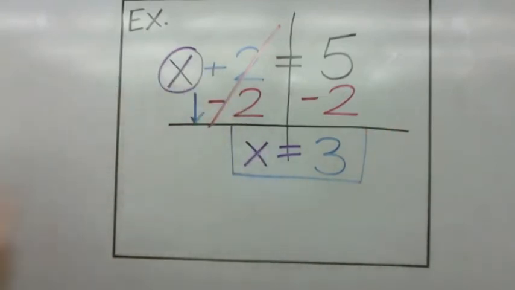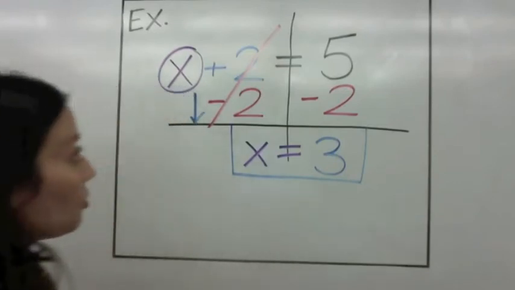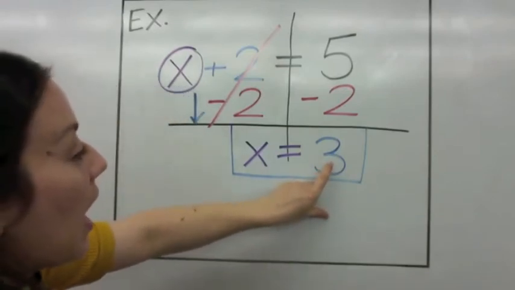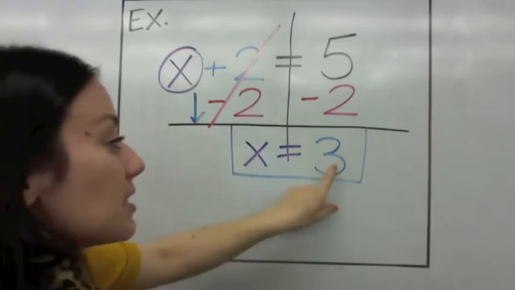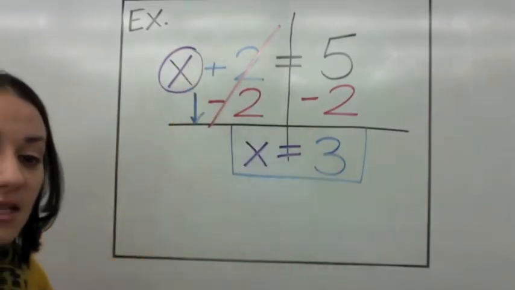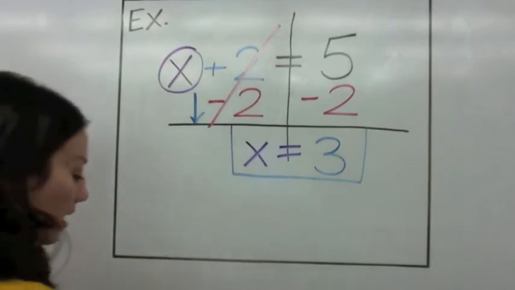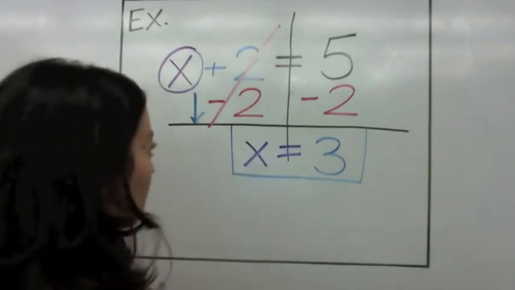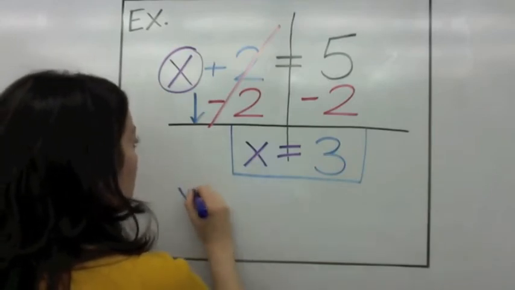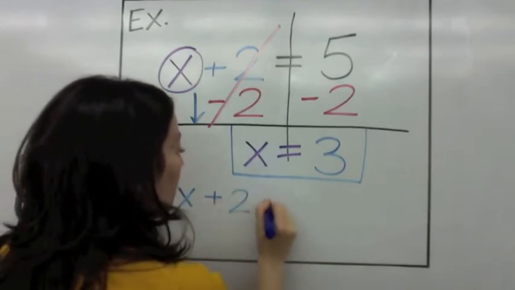Now, if you want to, what you can do is you can say, okay, if x equals 3, can I check my work? Can I substitute 3 back into this equation? Okay, so take a look at it. I'm going to write the equation one more time. The original equation was x plus 2 equals 5.